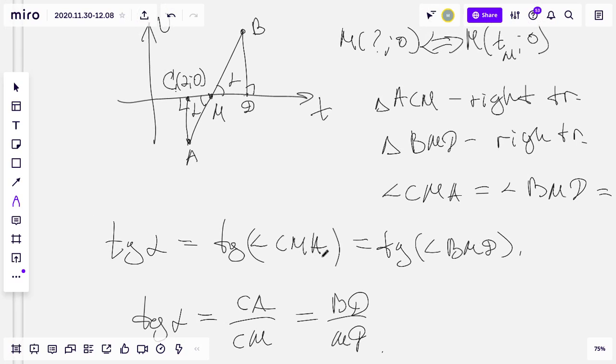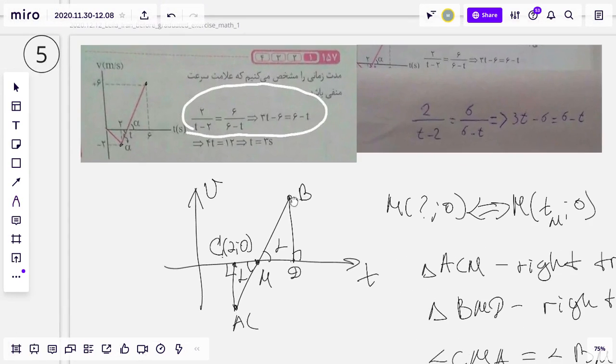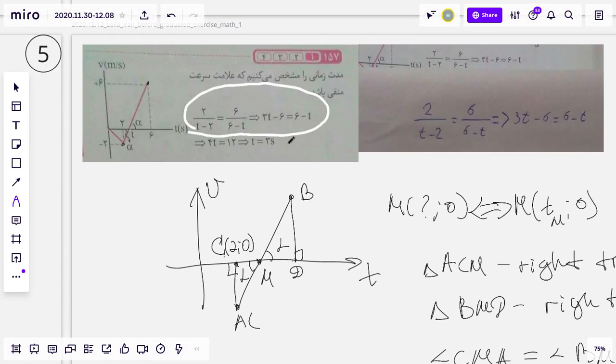Now express the length of this side across the coordinates of points A, C, M, D, B. We have the coordinates of these points. For example, point A has coordinates, as we can see on the plot, 2 for the x coordinate and minus 2. Yes, minus 2.